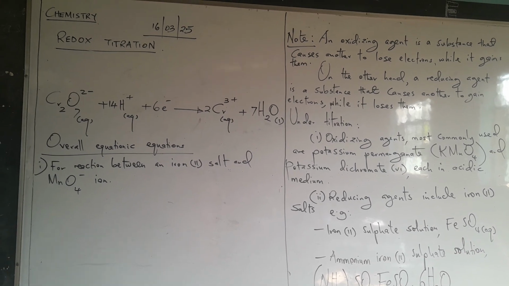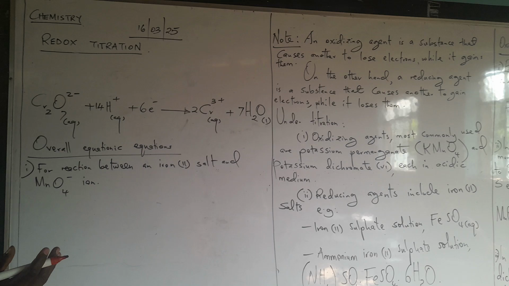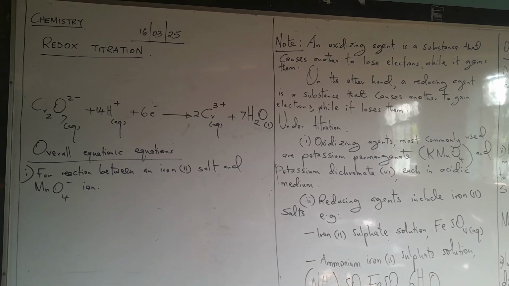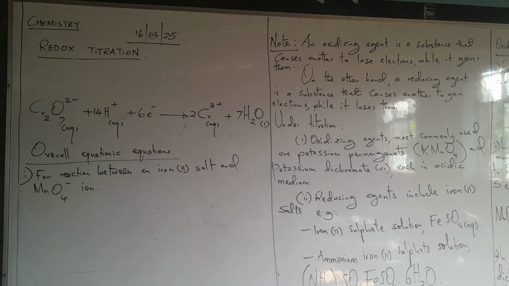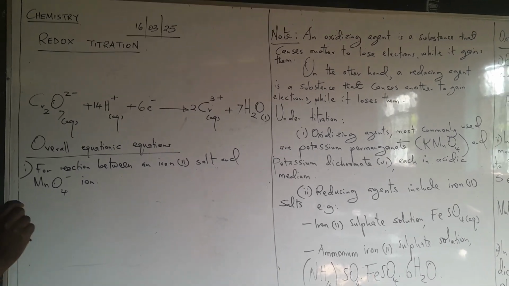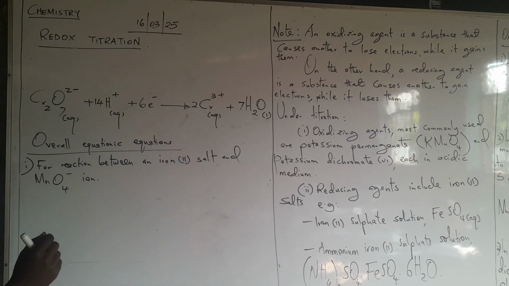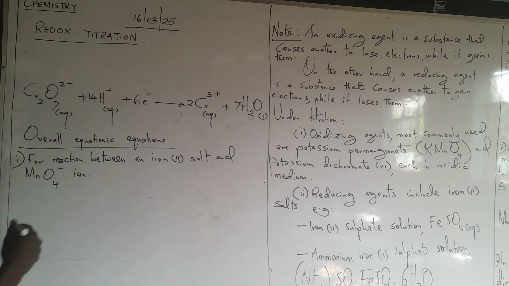What will be the overall equation? Oxidation and reduction, which one comes first? Oxidation comes first because something must lose so that the other one gains. The other one cannot gain without another one having lost. So oxidation comes first. Isn't it? Yes. And oxidation, we have said it is iron 2 being oxidized to iron 3.